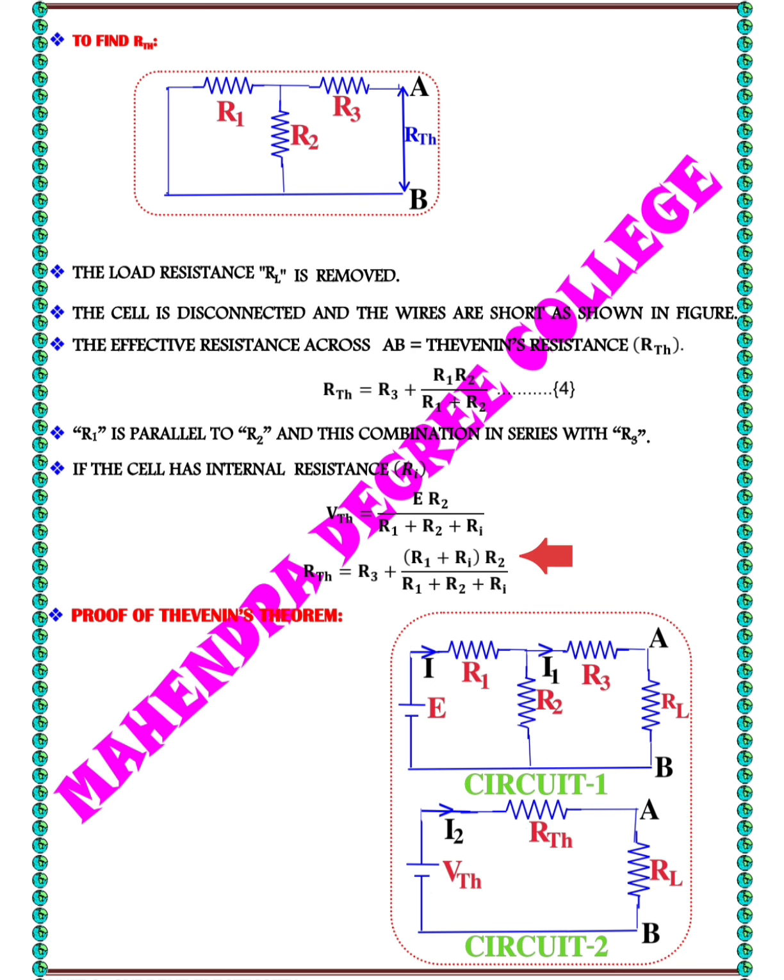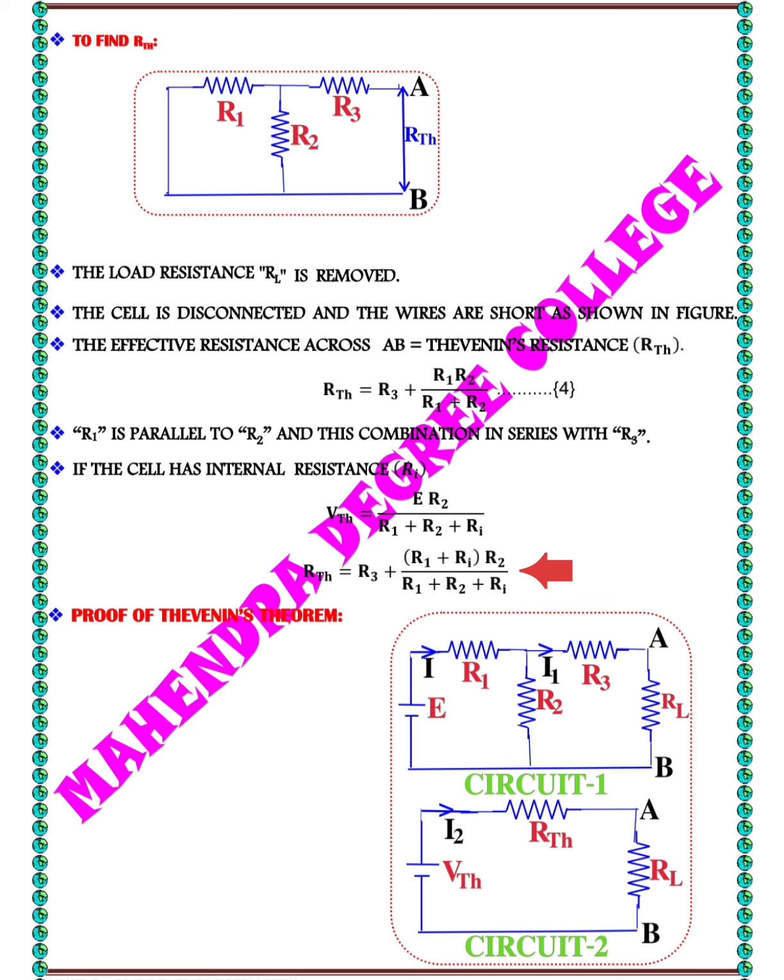From equation 4, we write Thevenin's resistance in a circuit: RTH equals R3 plus (R1 plus Ri) into R2 by R1 plus R2 plus Ri, where R1 and Ri are in series.